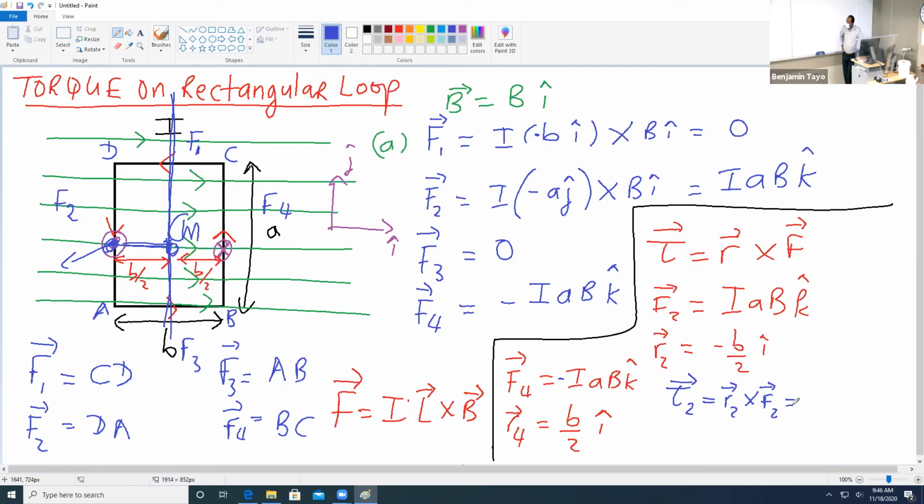Because I cross K is negative J, the negative is going to cancel with the negative. So this will give you IAB times B divided by 2, J hat.